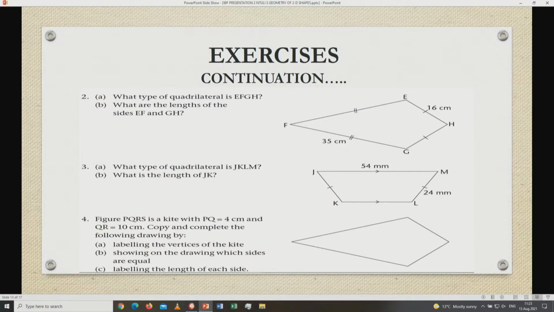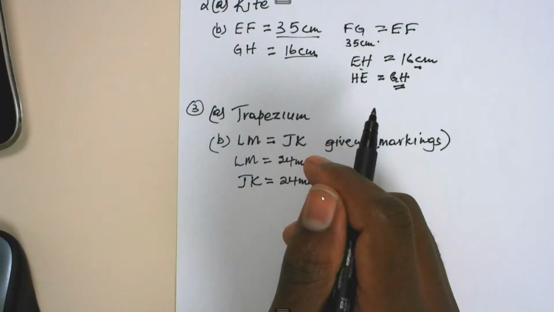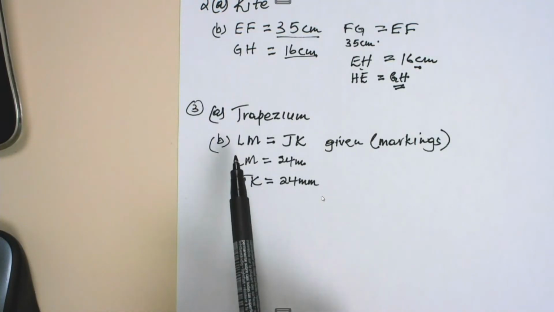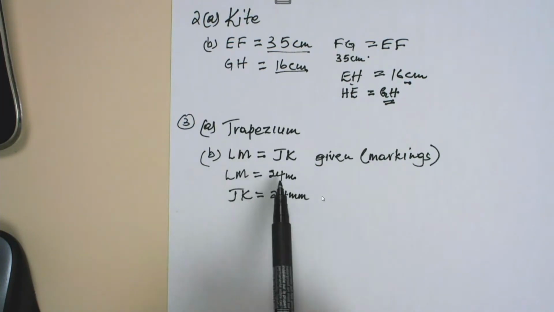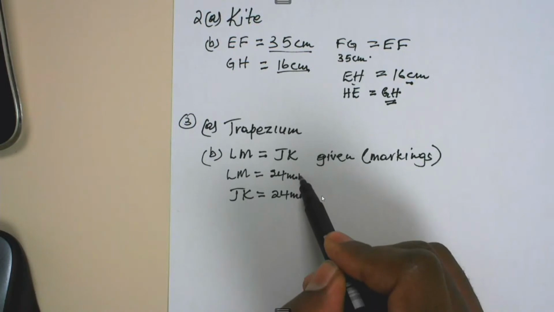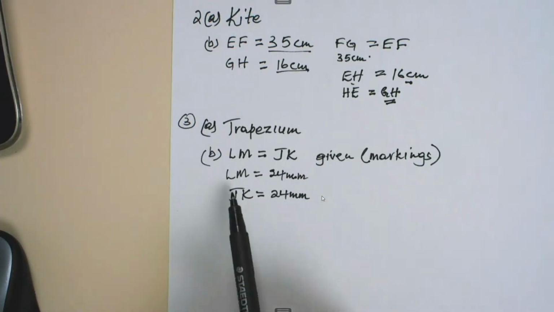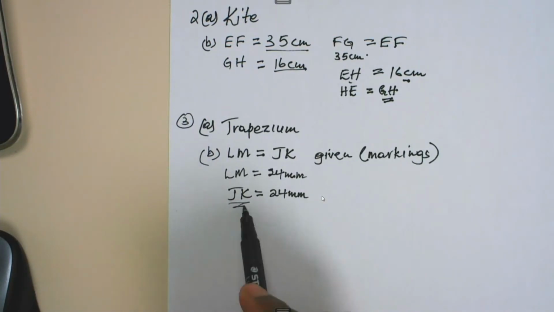If LM is equal to 24 millimeters, therefore JK will also be equal to 24 millimeters. It is given that there are markings showing us that these two sides are equal.